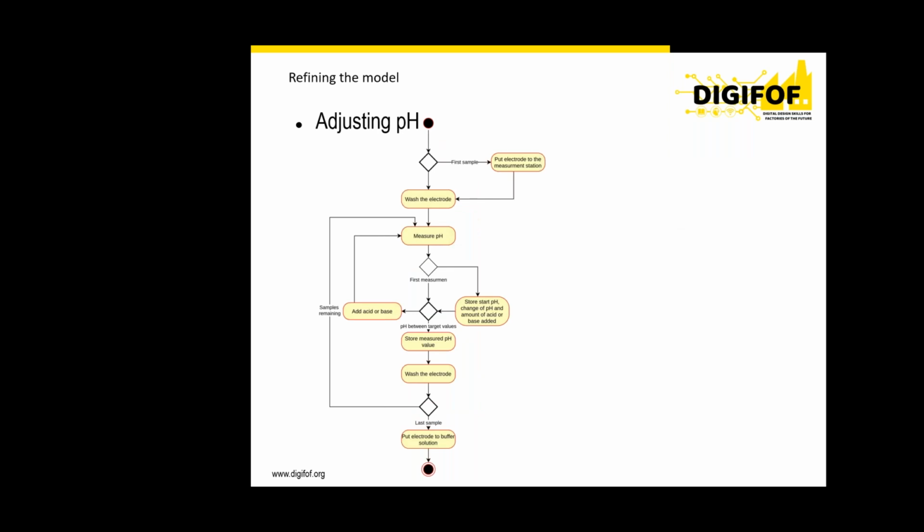Then the following step is adjusting the pH. And here you can see with the flow chart that it's starting to get more complex, and there are actually more choices available.